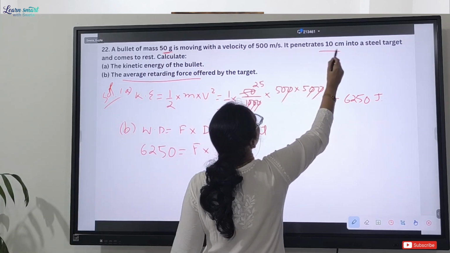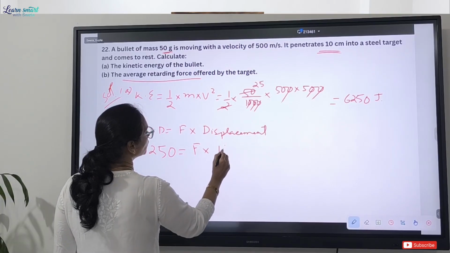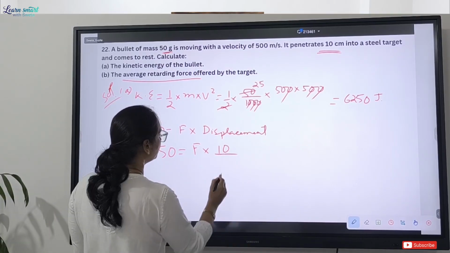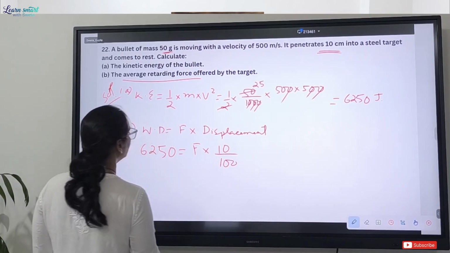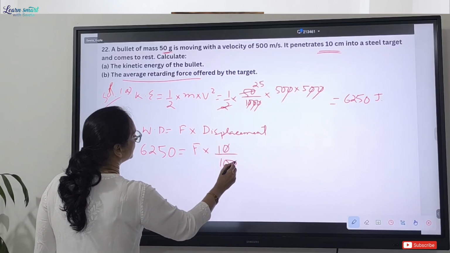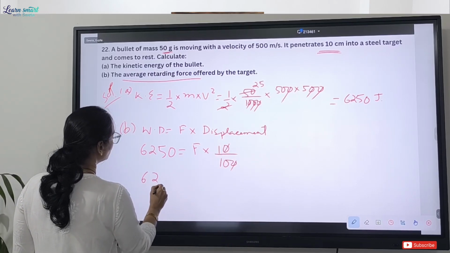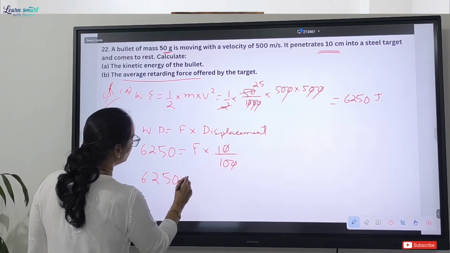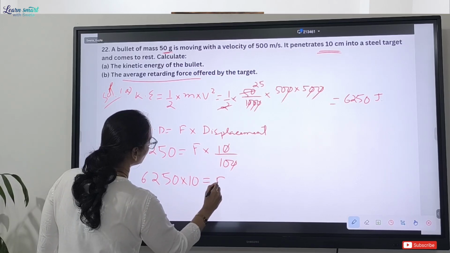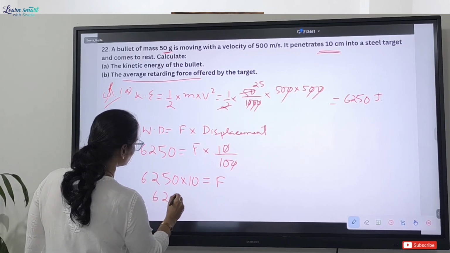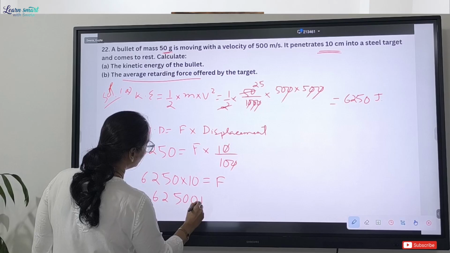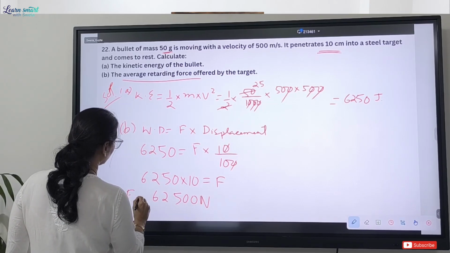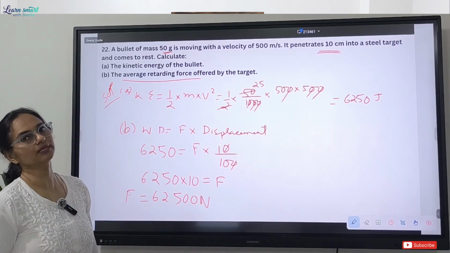Displacement is, it has penetrated 10 centimeter. So 10 will be converted to SI unit meter, 10 upon 100. Just calculate and you will get 6250 into 10 equals to force. So force is 62500 Newton. And this is how you can solve it.